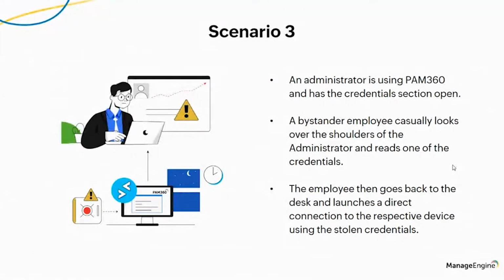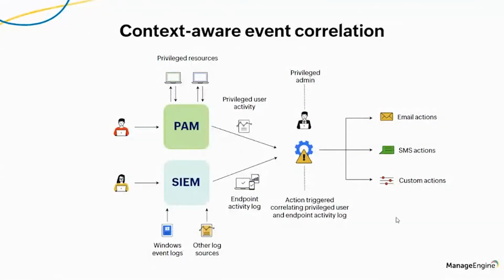PAM doesn't know that someone else was standing right behind this administrator and looked at the password and memorized it. So as far as PAM is concerned, it's all good. But the user decides to go back to their desk, launch a connection and log into the target machine. Now, PAM only knows to the point where the right user looked at the right password and everything is good.